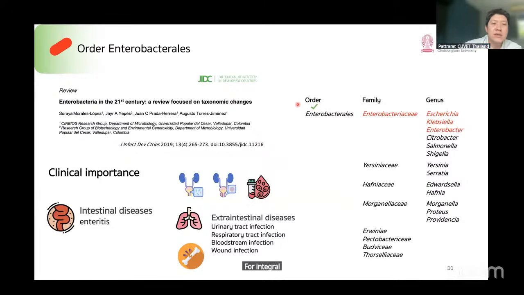For Enterobacterales, before we called it the family Enterobacteriaceae. And the species that we are talking about, Escherichia, Klebsiella and Enterobacter, are in the Enterobacteriaceae family and in the Enterobacterales order, because there have been some revisions since 2019.